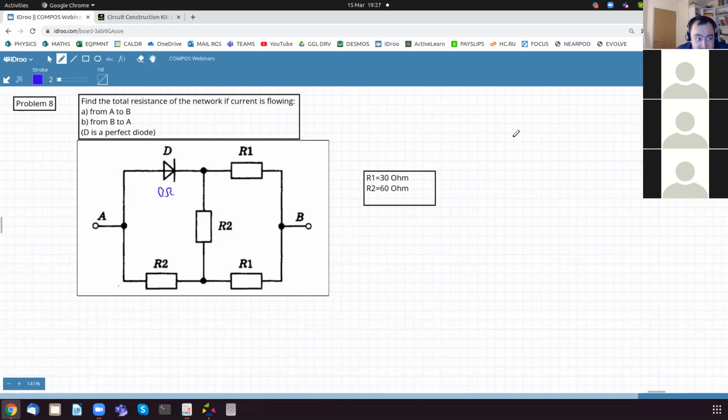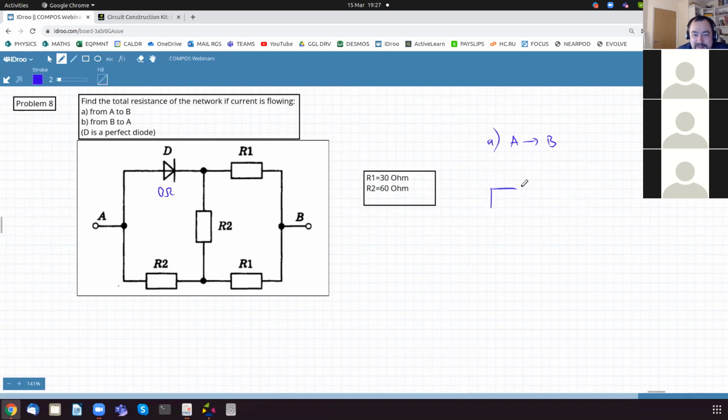In the circuit, so from A to B, this is option A. The circuit becomes like this. I'm just drawing an equivalent circuit. Just draw the equivalent circuit.